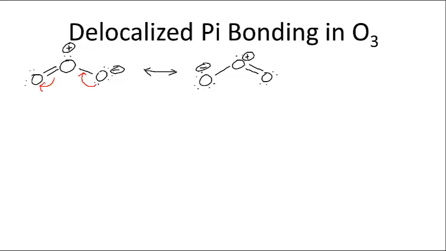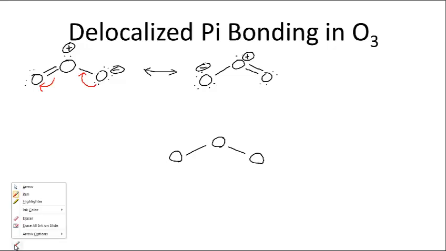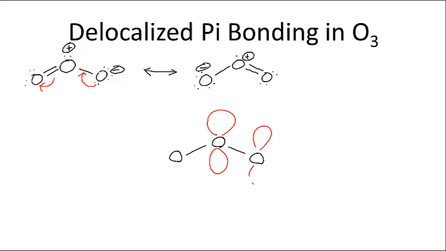On each one, there's going to be a p orbital that's parallel to the other 2. So I'm going to have a p orbital on the center one, a p orbital out here, and a p orbital out here. All 3 of those p orbitals are going to be aligned so that I have pi bonding down here and pi bonding up here. It's 1 pi bond spread over all 3 atoms.